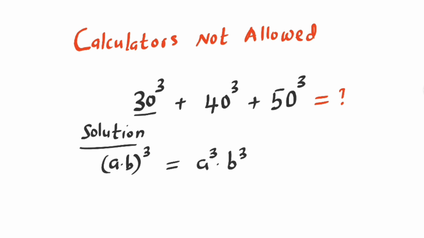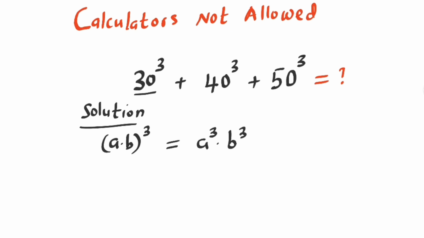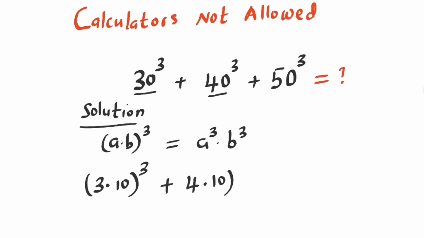Then here, 30 raised to power 3 can be written as 3 multiplied by 10 all to the power of 3, plus 40 raised to power 3 can be written as 4 multiplied by 10 all raised to the power of 3, plus 50 raised to power 3 can be written as 5 multiplied by 10 all raised to the power of 3.